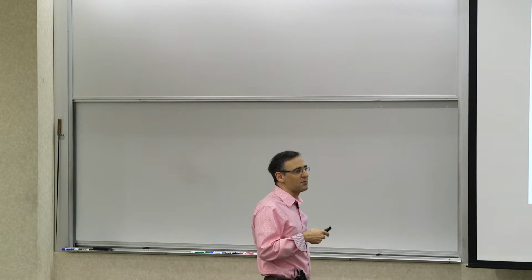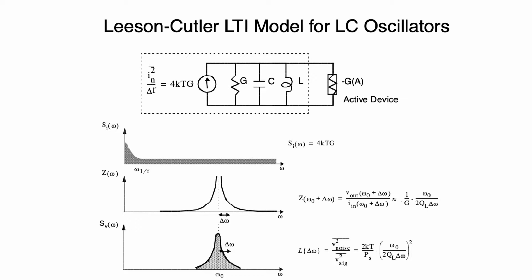An RLC can be modeled as an ideal L, ideal C, and some loss element G, a conductance capturing the loss. One way to make an oscillator is to introduce an active device that presents a negative conductance, or negative resistance, that cancels this positive resistance and makes this into an ideal LC.